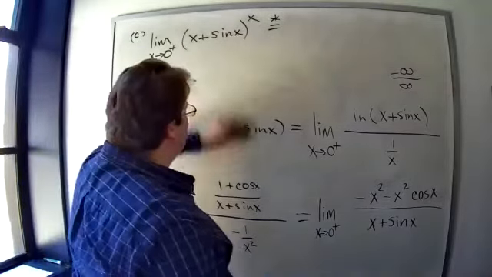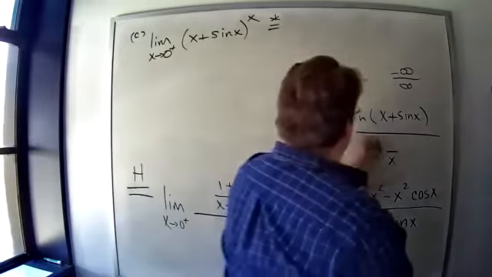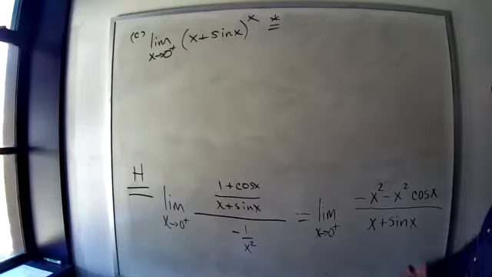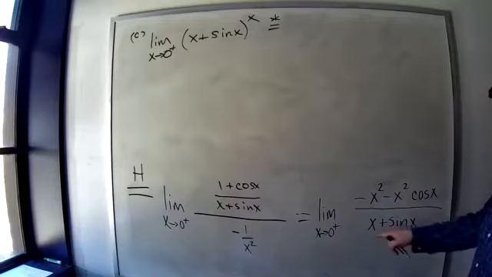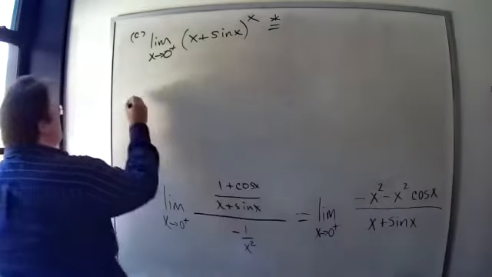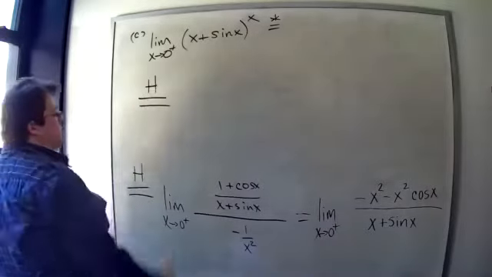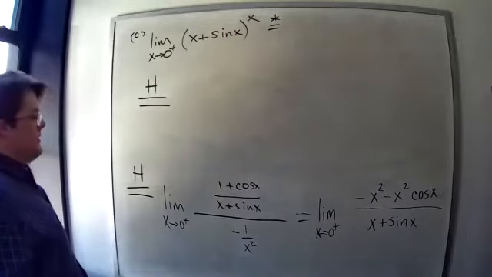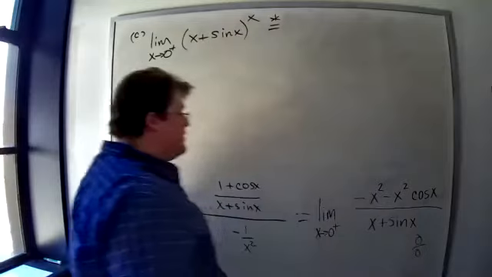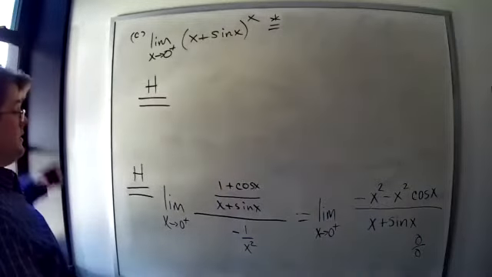But what happens if we try to compute this limit? As x goes to 0, you get 0 on top, you get 0 on the bottom. L'Hopital's rule applies. I don't have room to write this under, so I'm going to go up. 0 over 0 form, L'Hopital's rule applies.